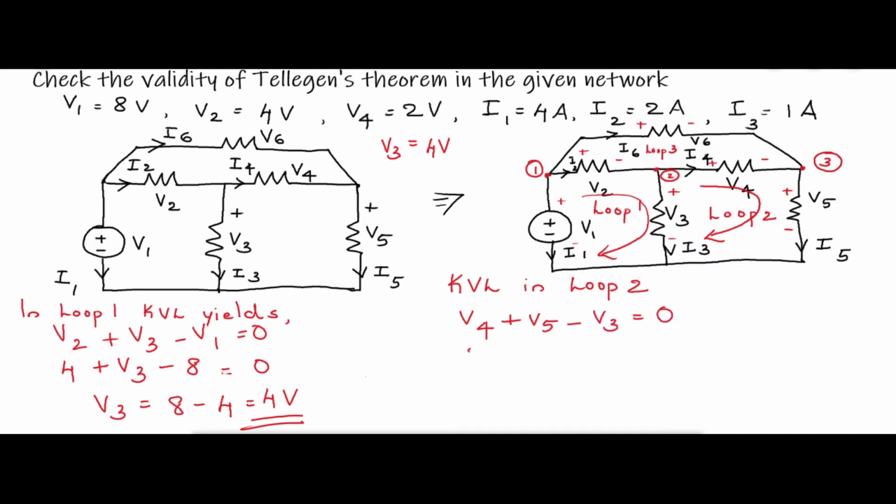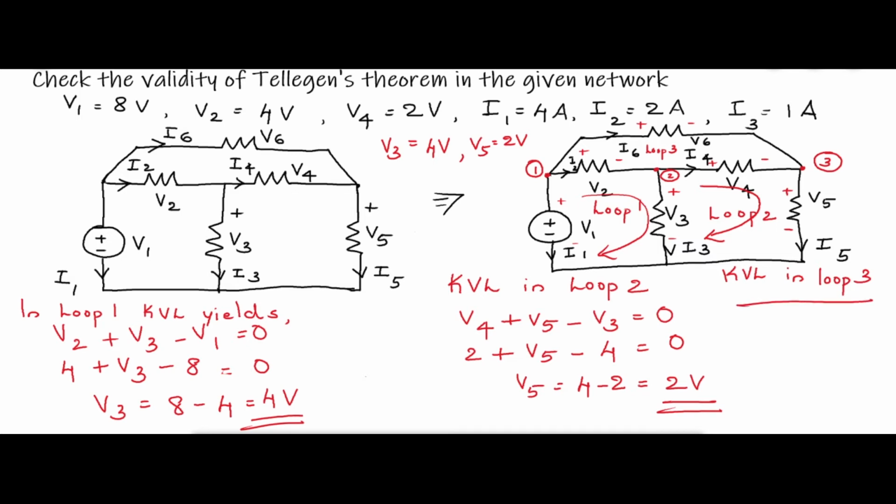Here V4 is equal to 2, V5 is not given, and V3 we got as 4. So you can substitute: V5 is equal to 4 minus 2, which is equal to 2 volt. So you got V5 is equal to 2 volt. Now you have to apply KVL in loop 3.